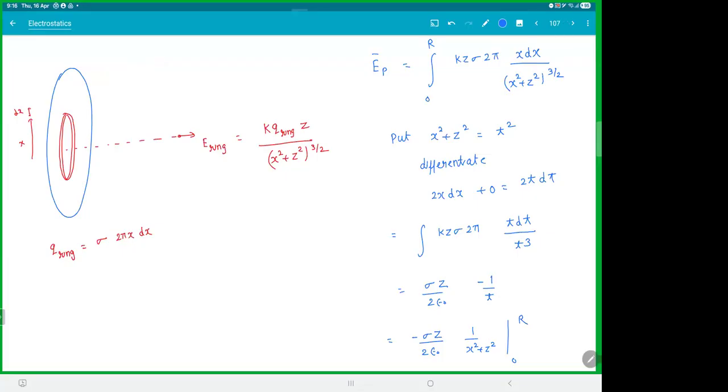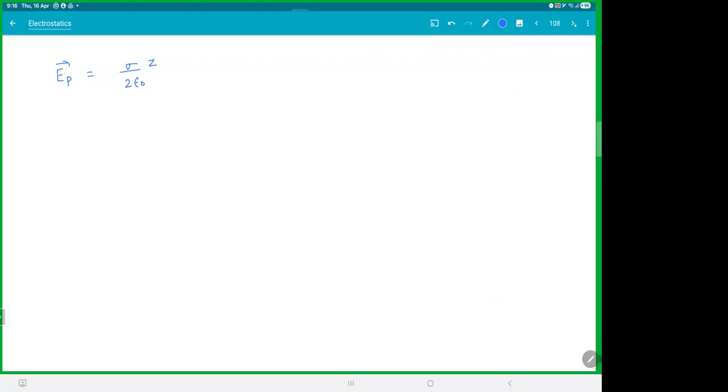You get 1 by z minus 1 by root over R square plus z square. I'll show you a better way to remember this. Sigma by 2 epsilon, 1 minus z by root over R square plus z square. This is the field. The easy way to remember is this way.